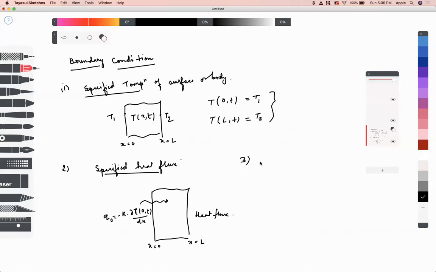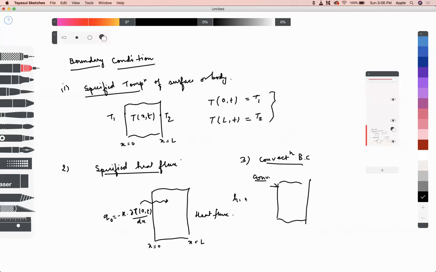And the third one is your convection boundary condition. In this case, let's say we have a wall and convection is happening on this side of the wall.